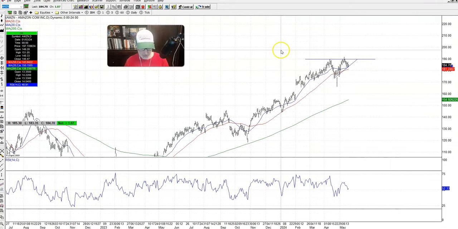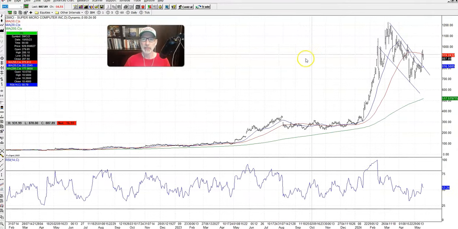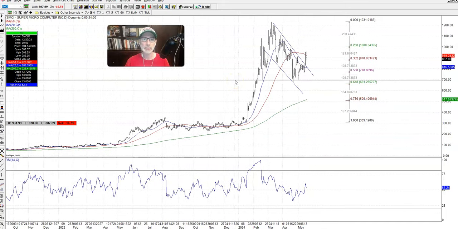Let's take a look at SMCI, another biggie that people have been following. I had some Fibonacci retracements on here that I was teaching my students of late. Fibonacci, if some of you know about Fibonacci, it's the mathematical equations of retracements.